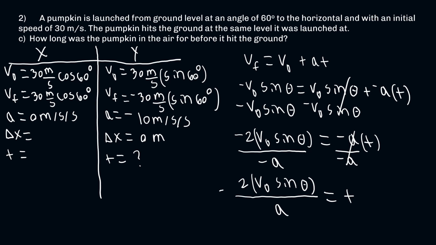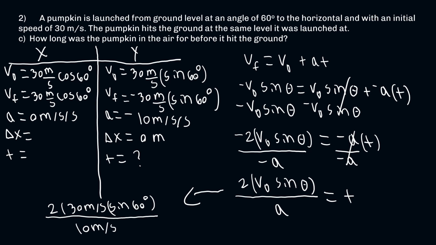So now let's just plug in our numbers, and we'll put this off to the side here. I'm going to have 2 times v naught, that was my 30 meters per second, times sine of 60 degrees, all over 10 meters per second squared. That is equal to t. You're just going to plug this into your calculator.